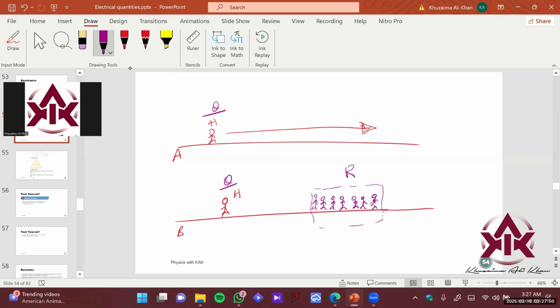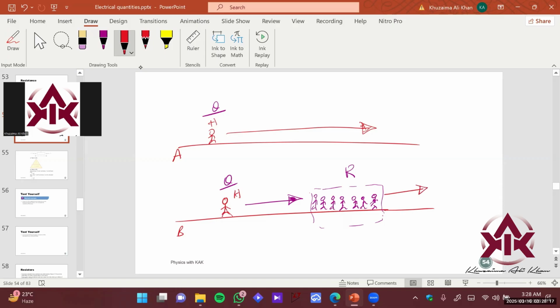When he moves, he moves freely till here. Now when he wants to move across this R, he needs to push some people away, and he might stumble with two people. He needs to make some room and take care. In doing so, Hamza's muscles are working out and he loses some energy here.